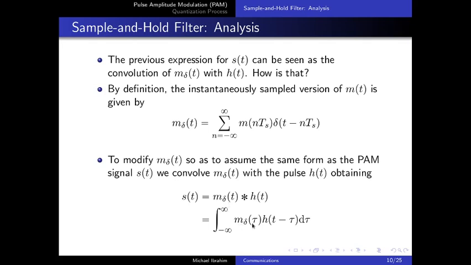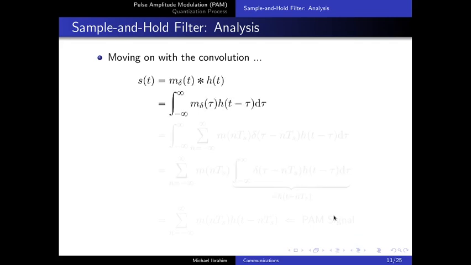Of course, we change t with the dummy variable tau, and then h of t will be h of t minus tau, and we integrate with respect to tau. So basically, m delta of tau can be replaced with a summation from minus infinity to positive infinity of m of nTs delta of tau minus nTs, then multiplied by h of t minus tau d tau.